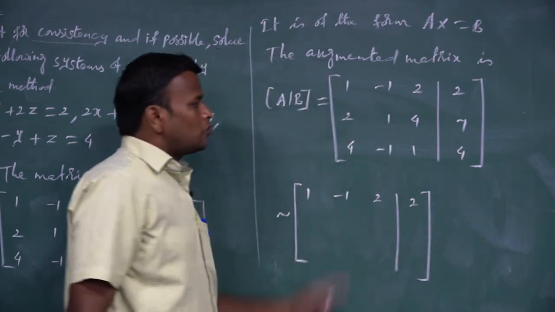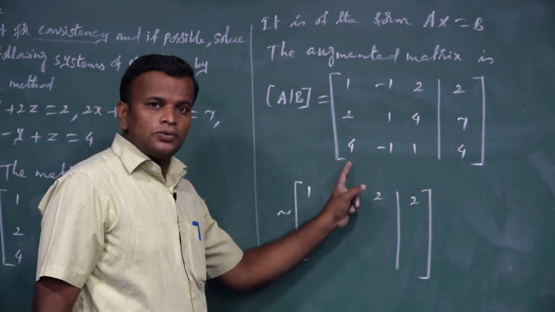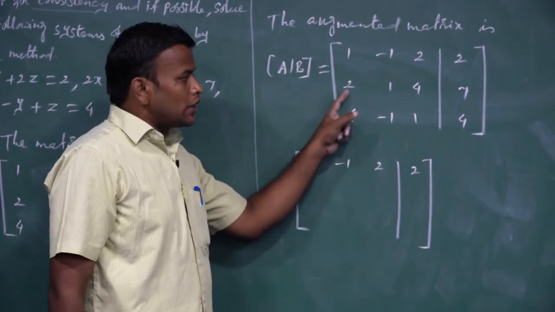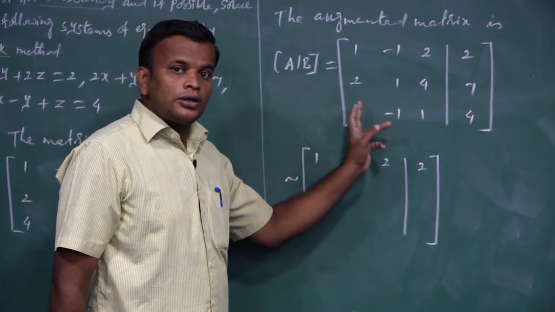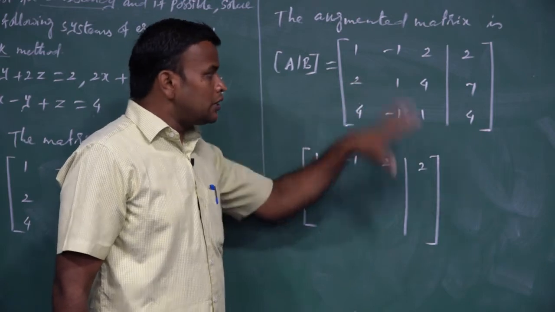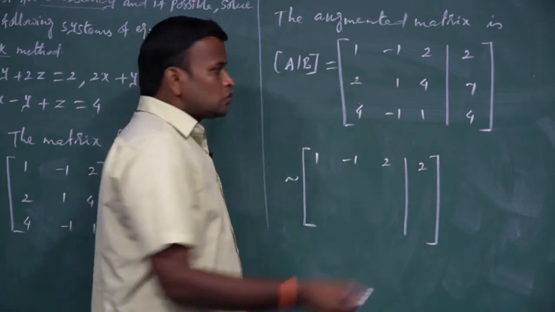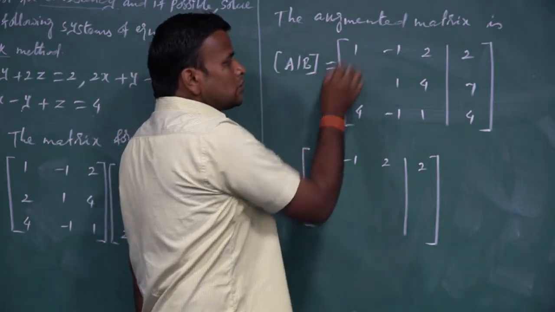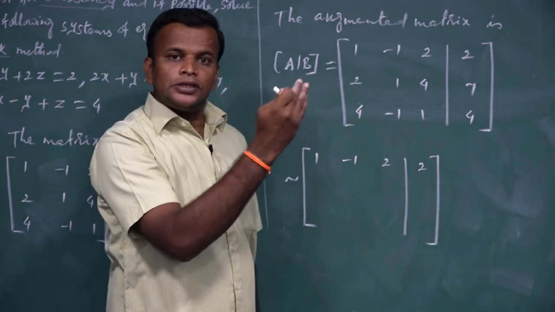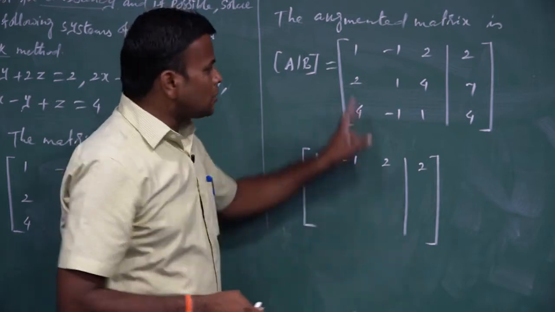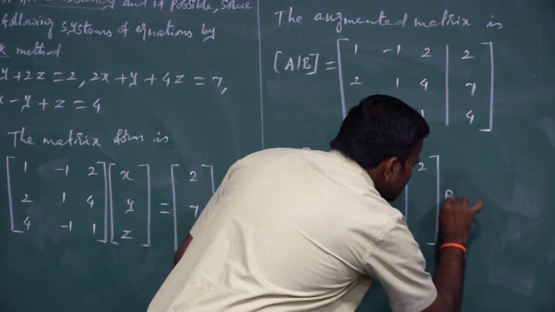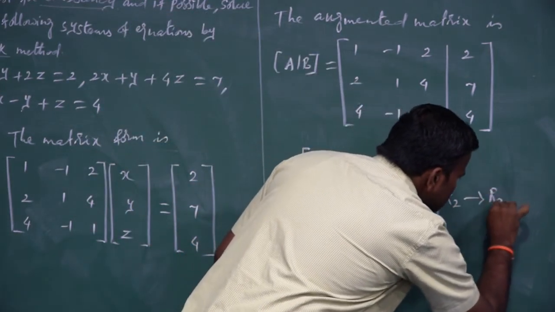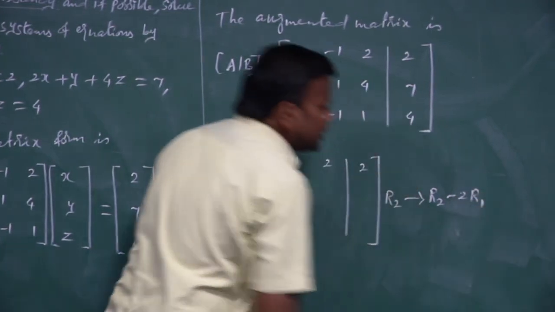The next step is to convert these two elements to 0. The element is 2, so we consider which rows? R2 and R1. Our motive is to convert that element to 0. To convert this element, which is also 2, we subtract 2 and get 0. So we write R2 as R2 minus 2R1.